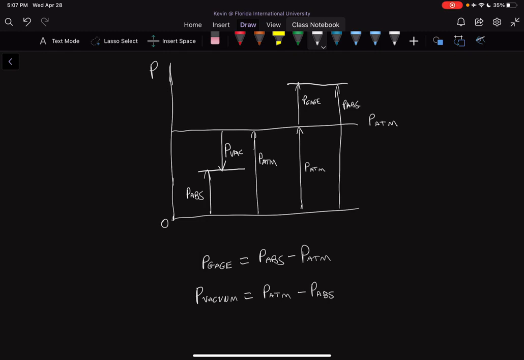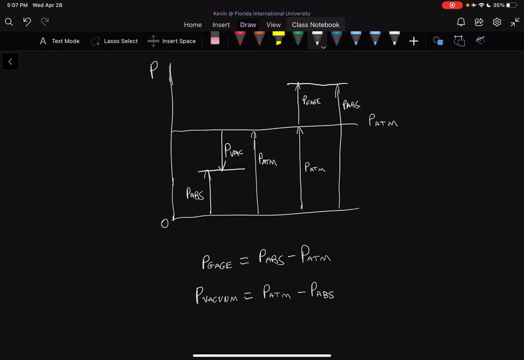Now, as an example of pressure gauge, when you measure your tire pressure at a gas station, if your tire pressure reads 32 psi, its actual pressure is 32 psi plus atmospheric pressure, which turns out to be around 14.3 psi.